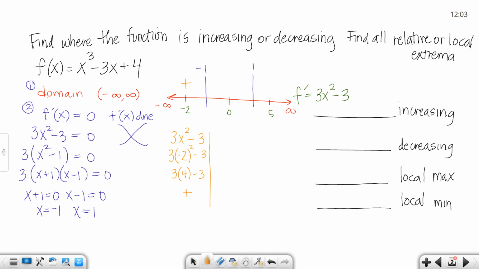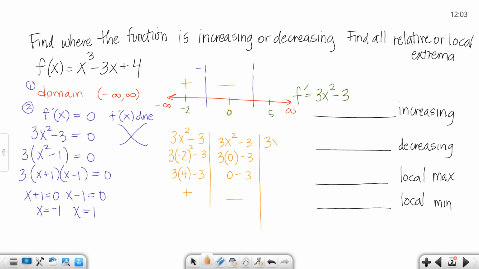Okay, when I plug in 0, let me write my function again. Remember you're plugging into the derivative. That's an important part. Plug into the derivative. So that's 3 times 0. This test point is 0. So I get 0 minus 3, which means this one is a negative 3. More importantly, it's negative.